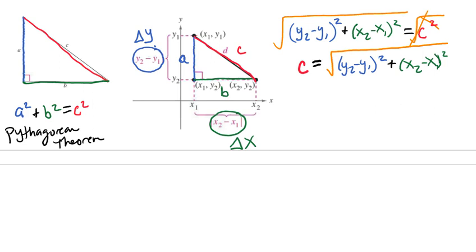And we can even rewrite that using our change of x and change of y. So we could say that c equals the square root of the change of y squared plus our change of x squared. Either of those is fine. And these are our distance formula.